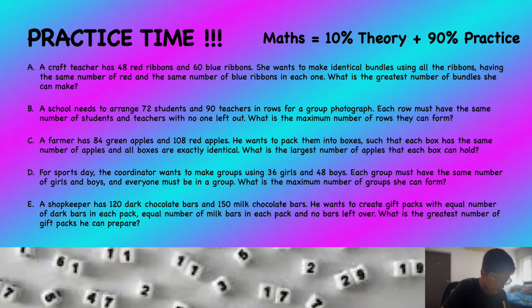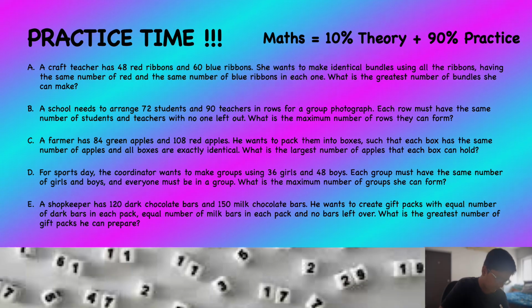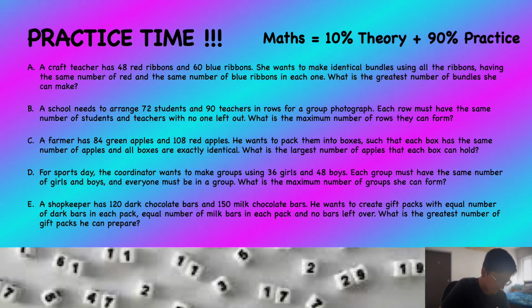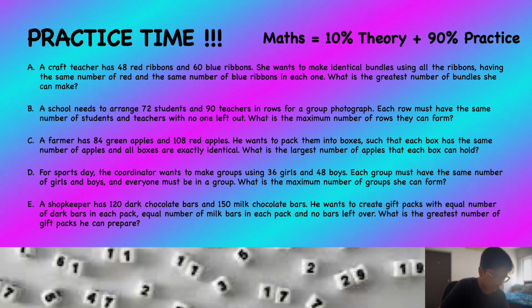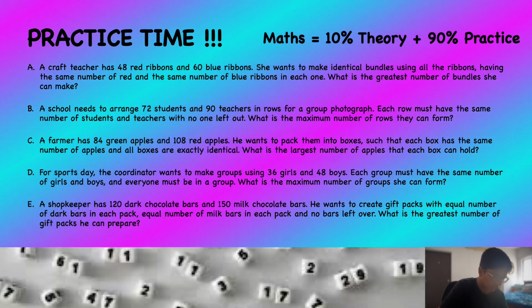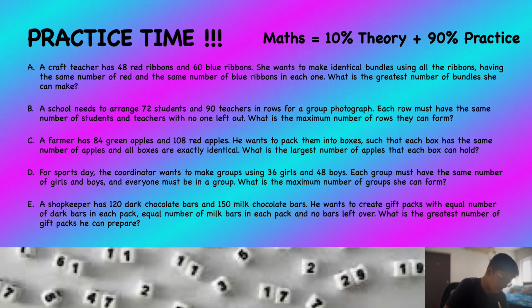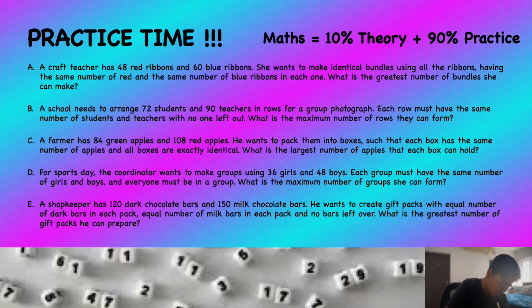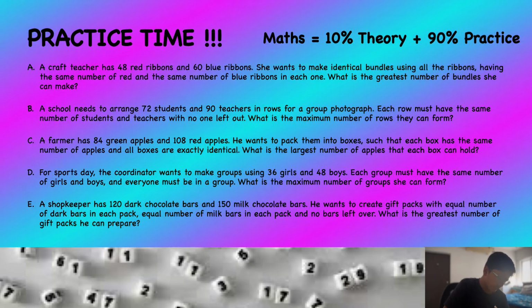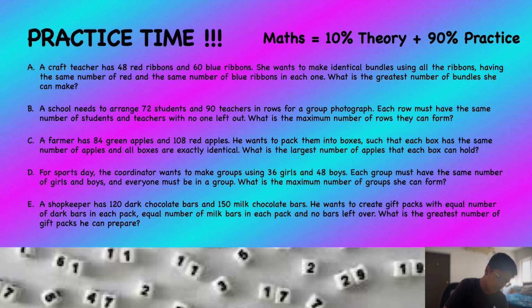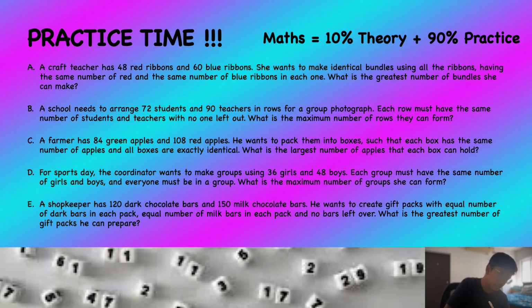So 48 is 1, 2, 3, 4, 6, 8, 12, 24, and 48. And 60 is 1, 2, 3, 4, 5, 6, 8 is not there, so 10, and then 20, and 30, and then 60.